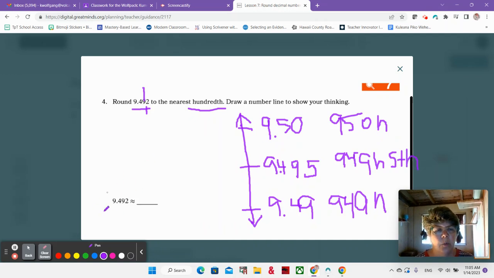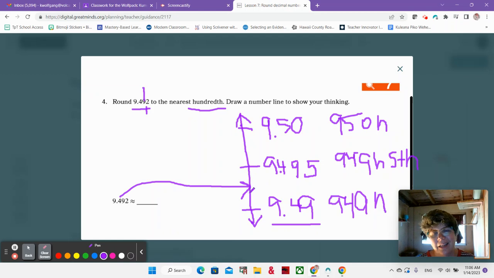Now we're going to look, where does our number land? 9 and 492 thousandths. Notice when we first wrote it, we took off the 2 because we're going to the hundredths place. So we're just looking at the hundredths place. But now we're looking at our actual number, and we're saying this actual number comes here because it's between 9 and 49 hundredths and 9 and 495 thousandths, right? 9 and 492 thousandths.